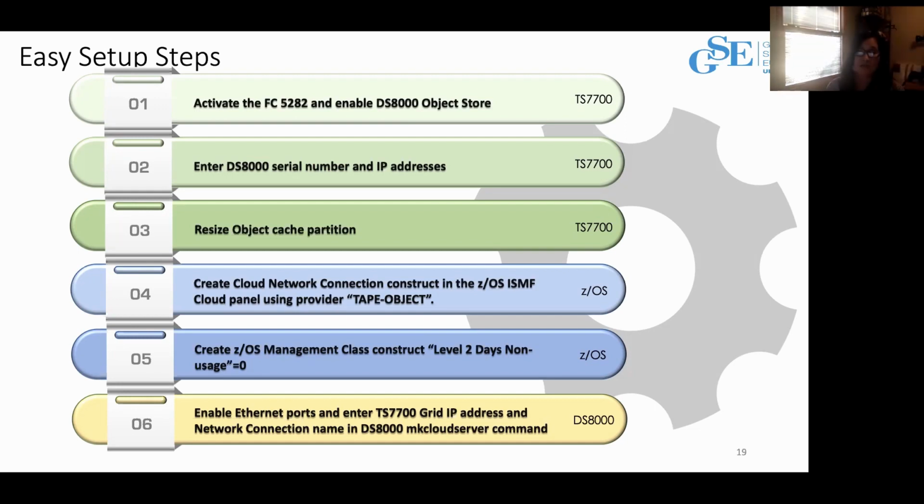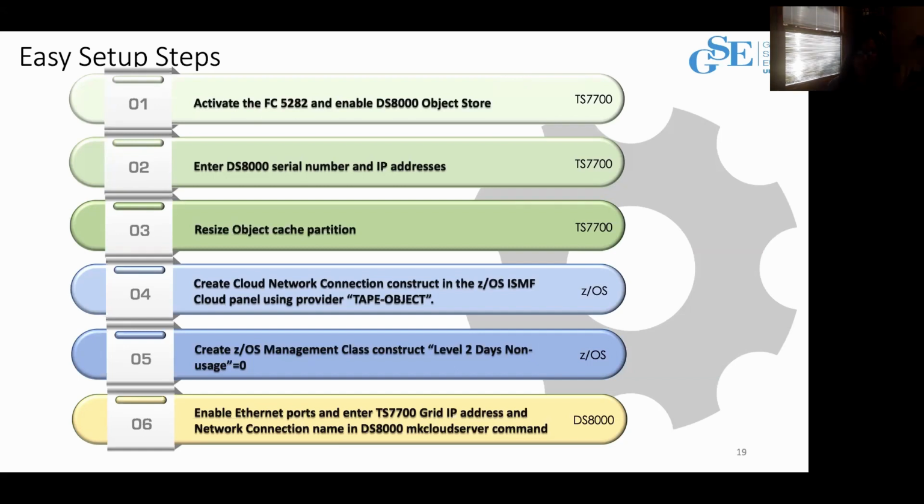The other thing you want to do is create or modify your management class constructs. There are several knobs, but specifically you want to modify the level 2 days non-use to 0 if you're going to be targeting a cloud object store. Instead of ML2, it will be an MLC.